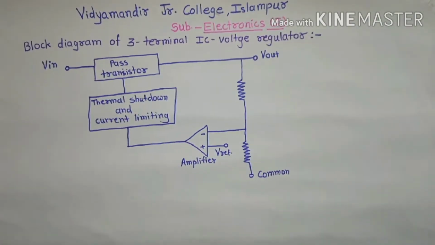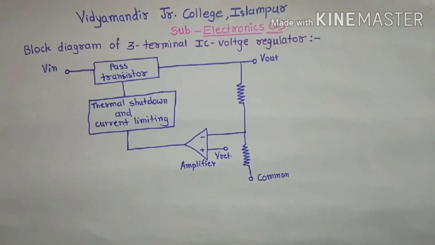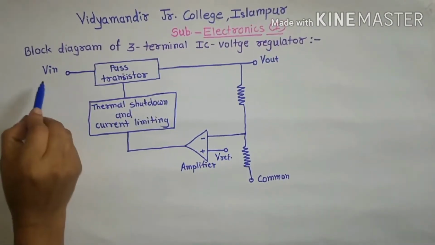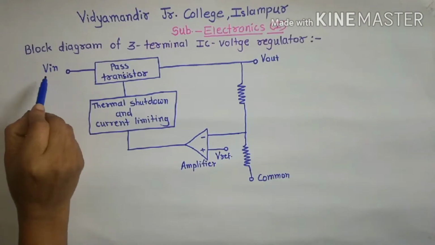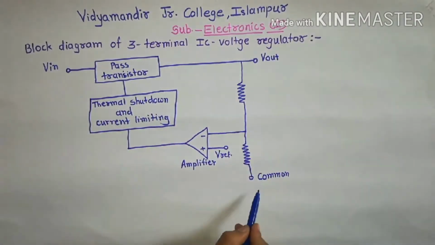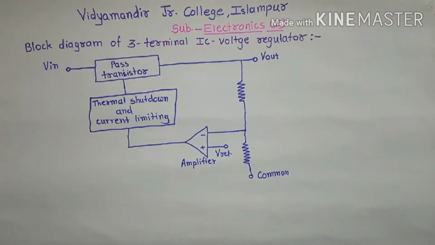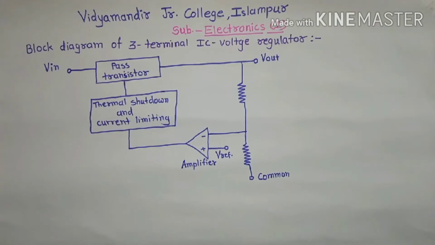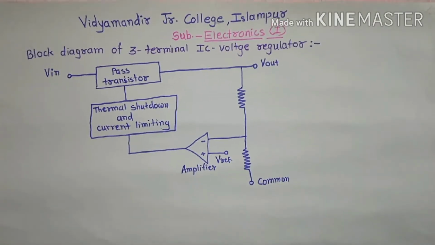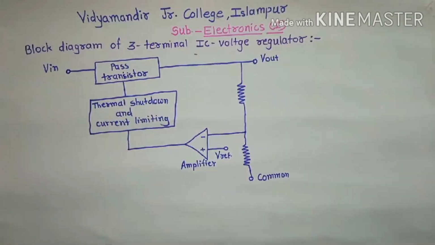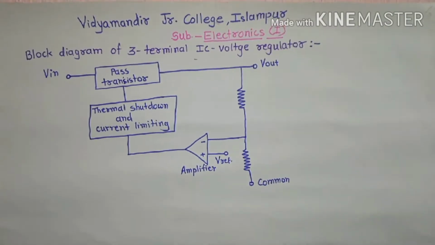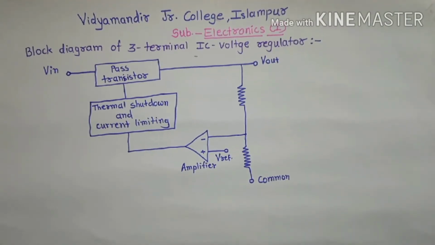As the name indicates, 3-terminal, it has only 3 terminals. One is input, second is output, and third is common or ground. In the earlier regulators, the circuits are complicated because of the maximum components, but in IC regulators only 2 bypass capacitors are used.